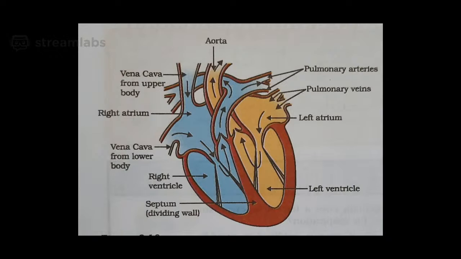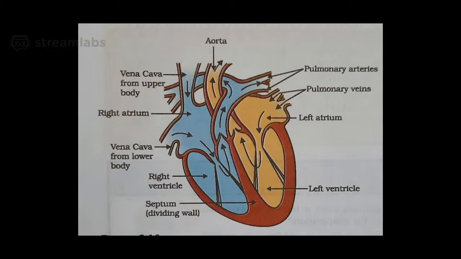Only pulmonary veins carry pure blood, but the rest of the veins carry impure blood. It enters the left atrium, left ventricle, and finally the aorta, and the aorta supplies the pure blood throughout the body.